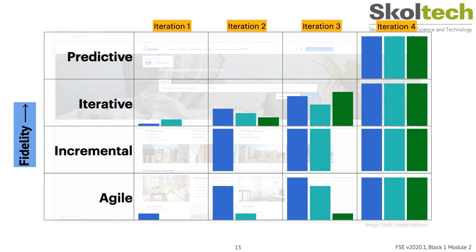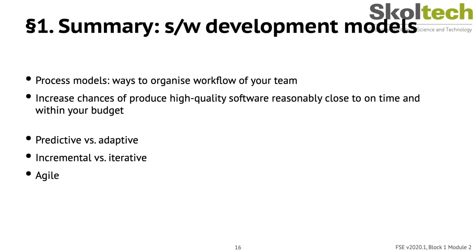So different process models are ways to organize the workflow of your team, and basically to increase chances of producing high quality software reasonably quickly and cost effectively. We have seen that these models are typically characterized by being either predictive or adaptive, and incremental or iterative or agile.